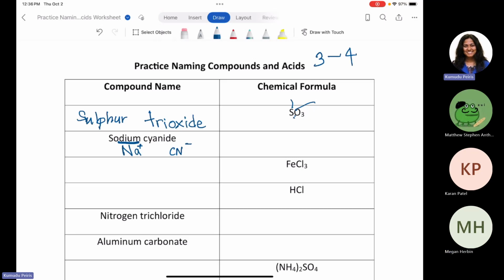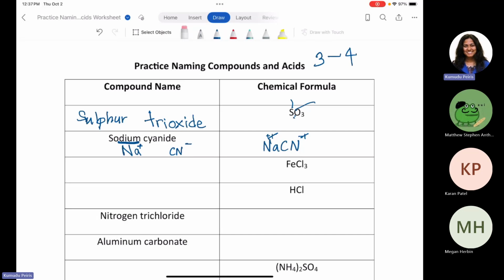Now we write those two together: +1 and -1 cancel out, and the chemical formula for sodium cyanide is NaCN.